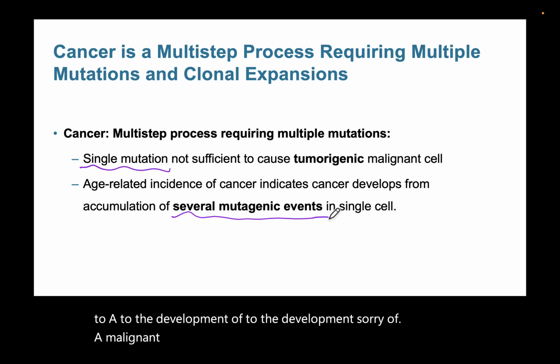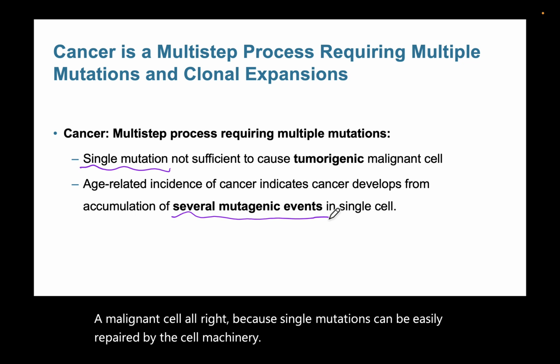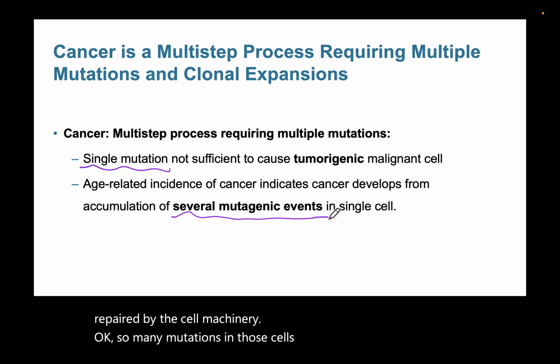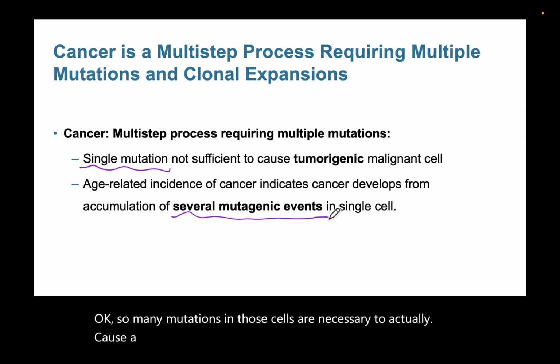All right, because single mutations can be easily repaired by the cell machinery. Okay, so many mutations in those cells are necessary to actually cause a malignant tumor or even a benign tumor.